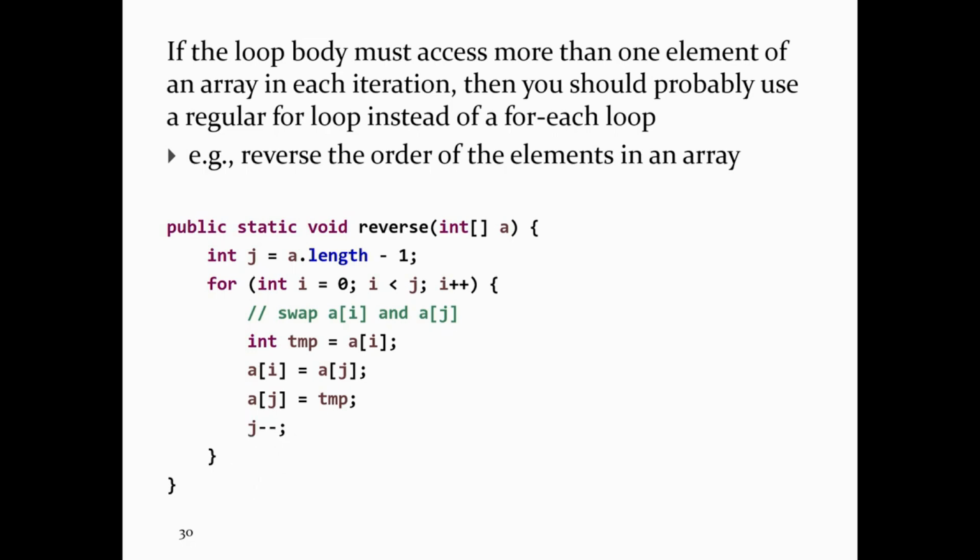A very easy mistake to make is to forget to increment j, or decrement j in this case. So here you have to be careful. You have to remember, oh, I have to adjust this value j as well, because on the next iteration I want to swap the second and second last, and then the third and the third last, and so on and so forth.